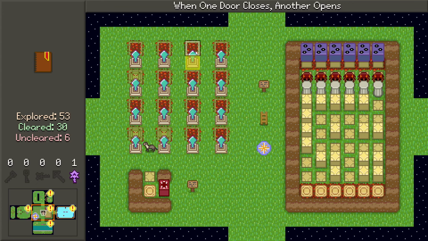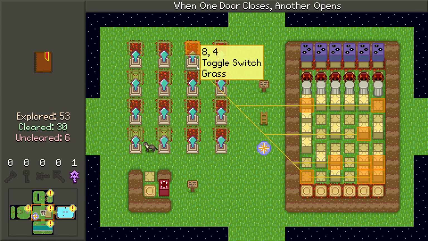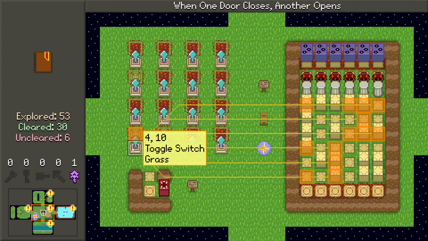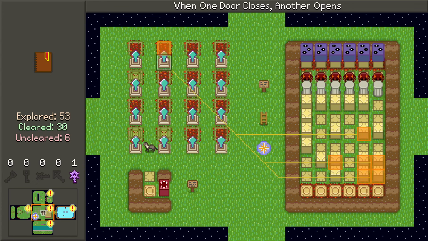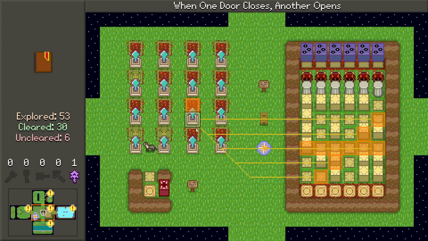Yeah, so you're just involved in two separate pairs. So if 8-10 toggles, then 8-4 toggles, and therefore so does 6-4, and for that matter, so does 4-10. Okay, so all of these toggle in unison. Okay. I think I have that fully represented.